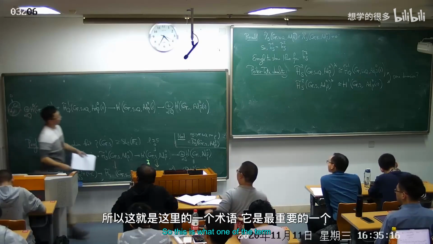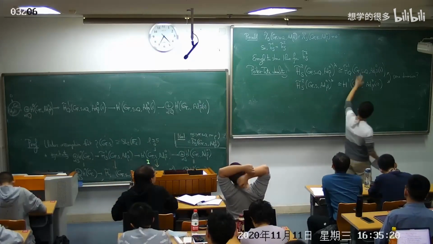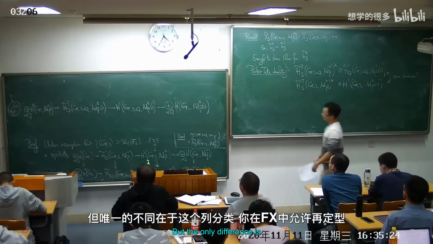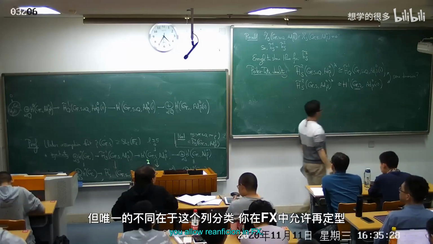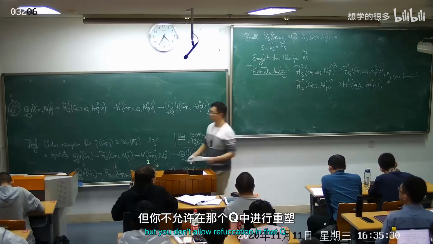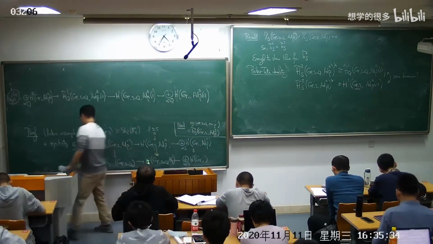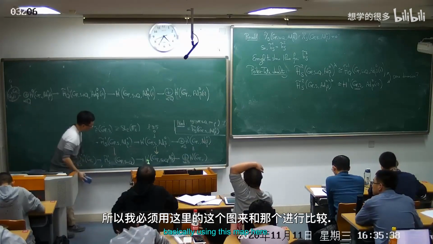So this is what one of the terms here is, the top one here. The bottom one is really nice. It's just a clean cohomology. But the only difference is that in this cohomology you allow ramification at S, but you don't allow ramification at Q. So it doesn't quite compare directly. So I have to compare that with the one, basically using this map here.